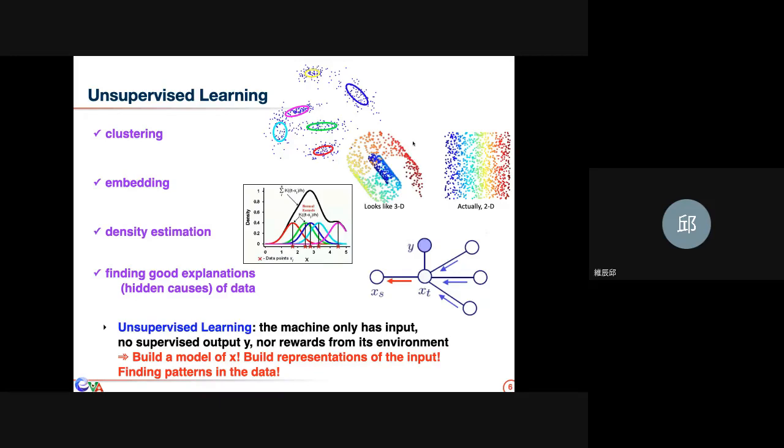Although this kind of data looks complicated and it's hard to tell the properties behind such a data set, sometimes you can use embedding techniques. For example, I can project this data set from a high dimensional space, for example 3-dimensional, to a low dimensional space, for example here 2D.